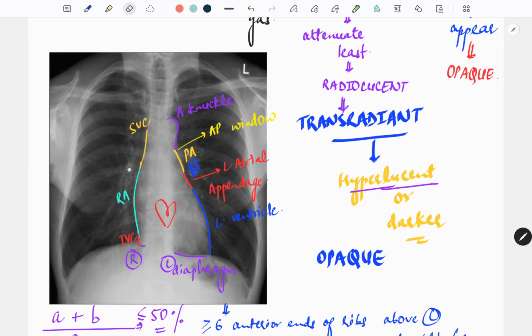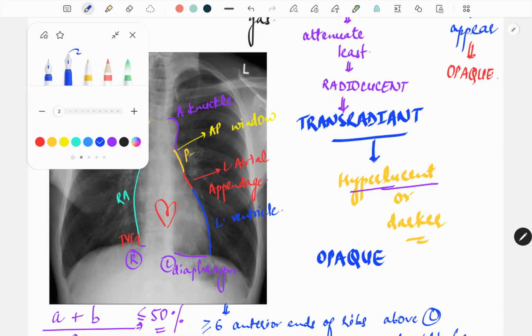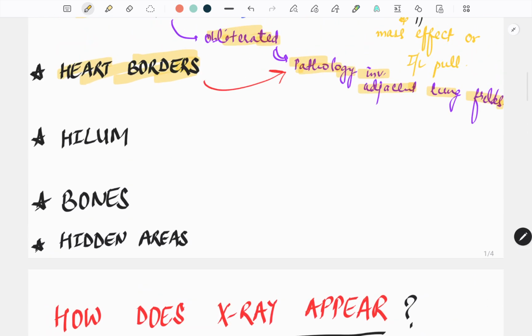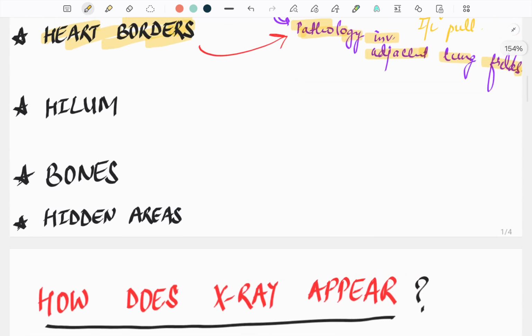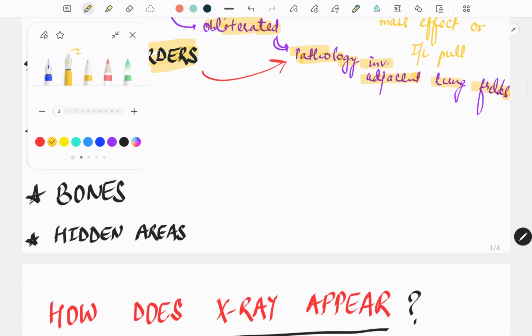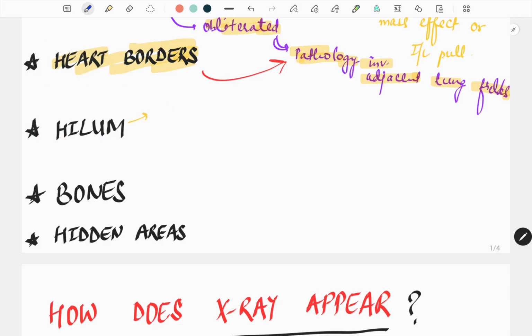We'll see what the structures forming the hilum are. The hilum is mostly formed by vessels and most commonly by pulmonary arteries.